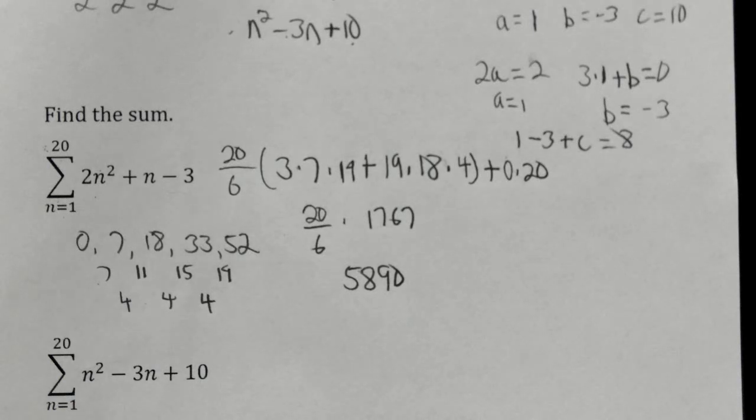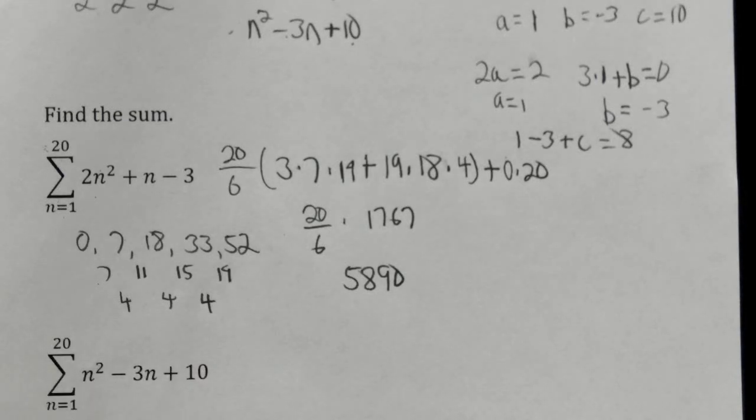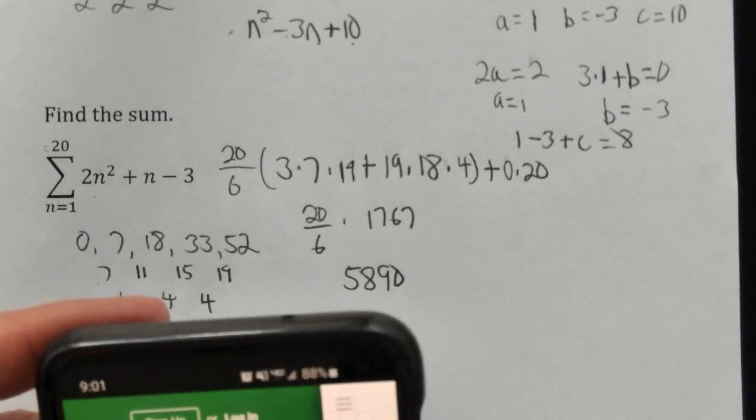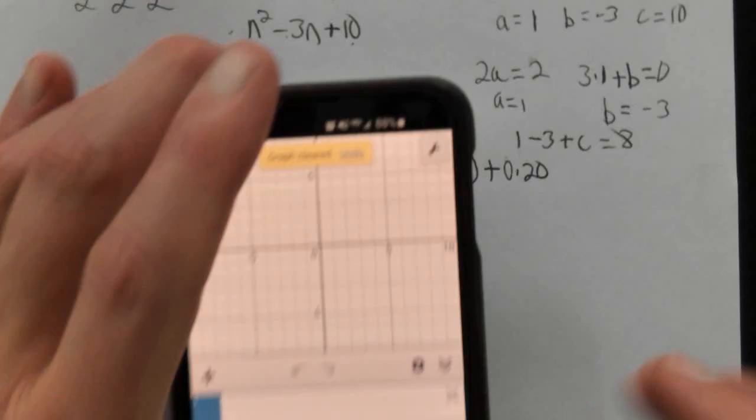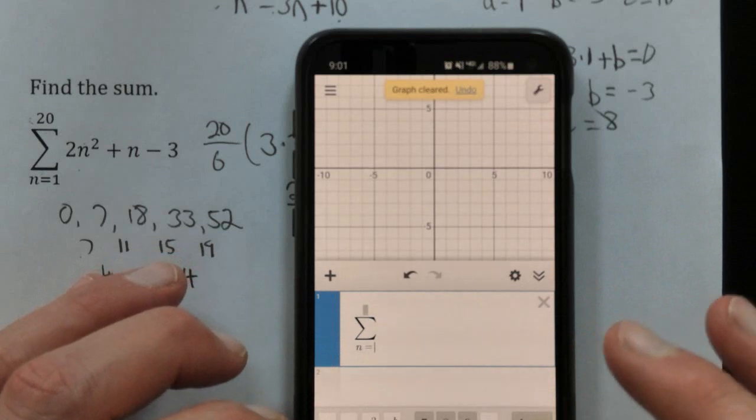The other method you should remember from the other sections. Remember, Desmos has a summation calculator on it, so I'm just going to clear everything off here and go to it. Function, miscellaneous, we got this.